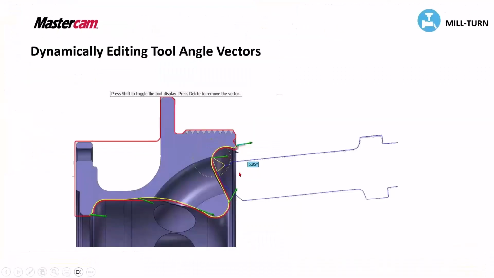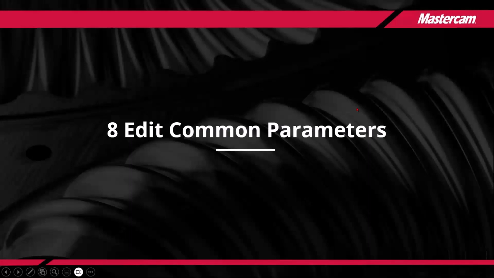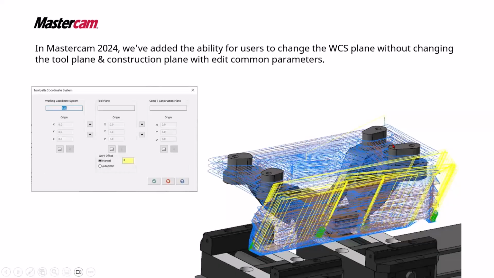And then the last enhancement that I want to take a look at here is the edit common parameters. So in 2024, this is a very small change, but I see it as being very impactful for the programming time of certain parts. This is actually an issue I ran into recently, where I had made an entire program for a customer, and then once the program was done, they decided that they wanted to change the orientation of how they were going to hold the part.